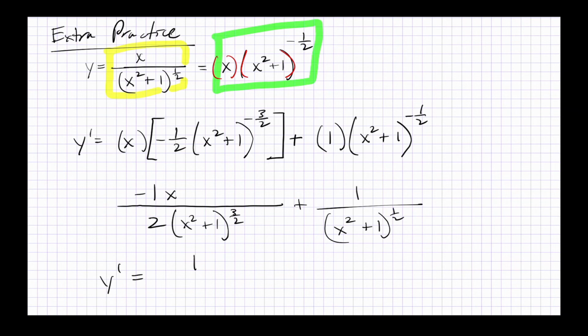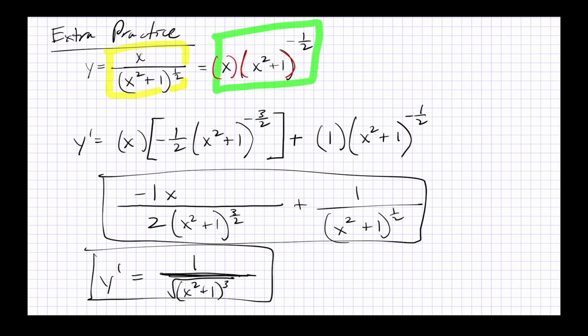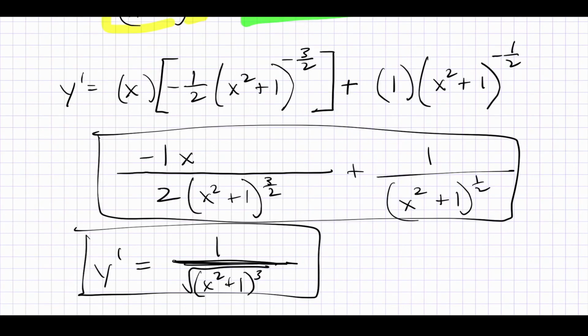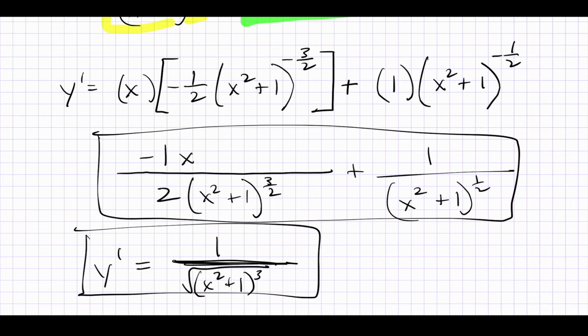You would have gotten 1 over that instead of this. And if need be, I could do that. I could make this look like that. It would involve some algebra, but I could do that.